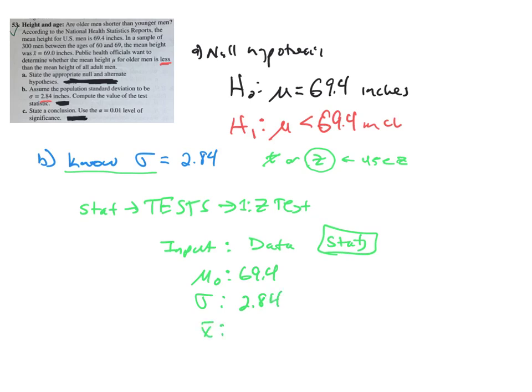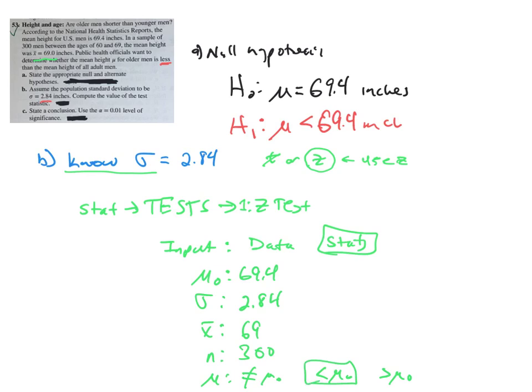The sample mean for our men between 60 and 69 is 69 in this case. And our sample size is 300, okay? We're testing against the less than, so not mu naught, less than mu naught, greater than mu naught.